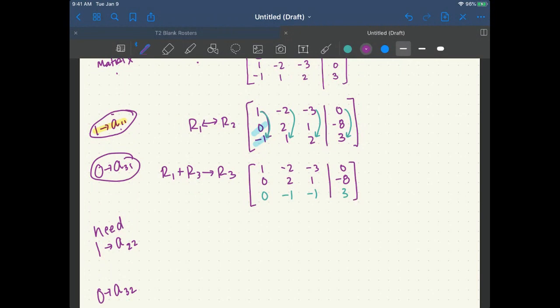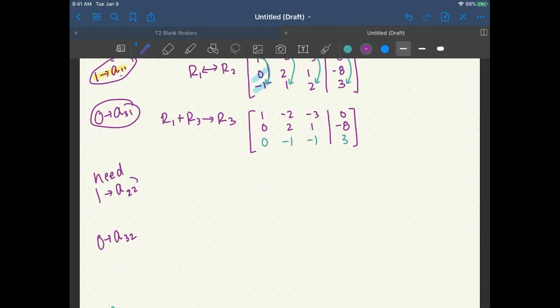All right, next up, we need a 1 in A22. So that would be right here in the middle. And again, I can see there's a 1 in row 3. So I'm going to switch row 2 and row 3, but I am going to make row 3 negative.